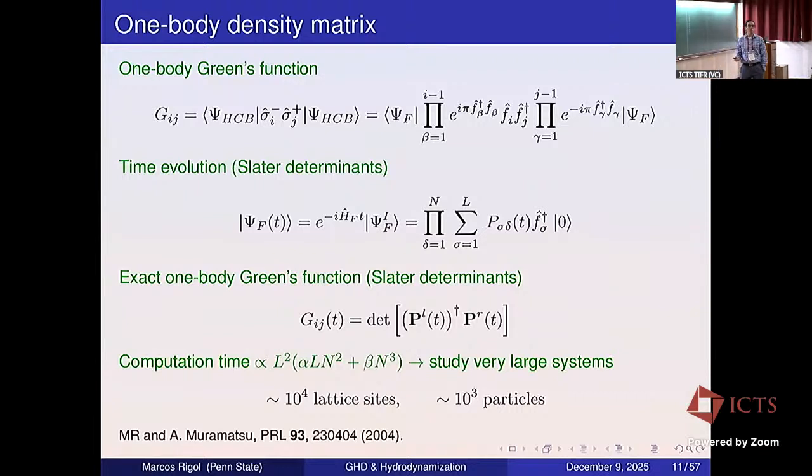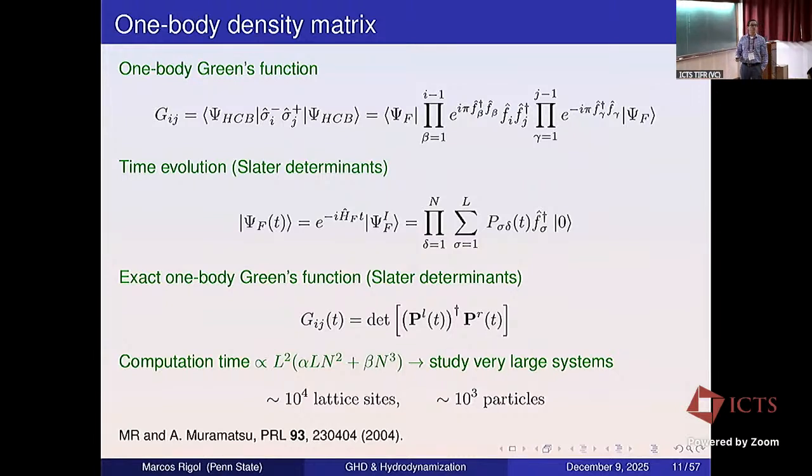If you look at the algebra that you have to do here, the computation time scales with the square of the system size and this sum here. If you were to use Toeplitz determinants, the computation time would be L to the 5. So this approach is very useful if you have a dilute system, and you will see why dilute systems are important.